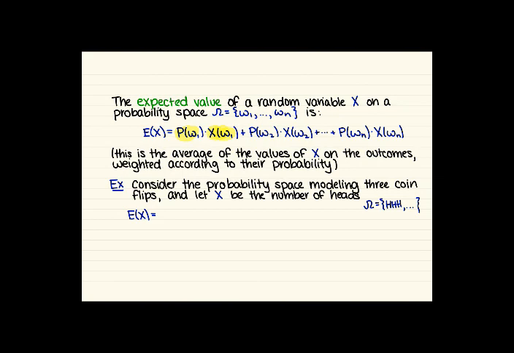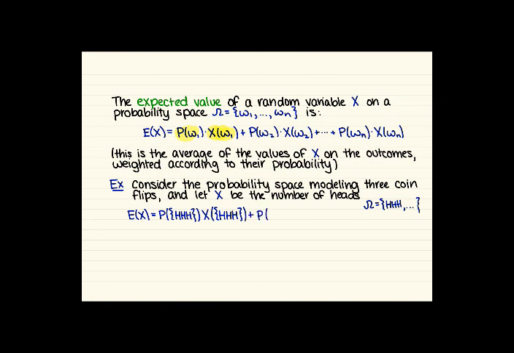So we're looking at the probability that we get HHH, times the value of X for that outcome, HHH, and then do this for all of the outcomes.